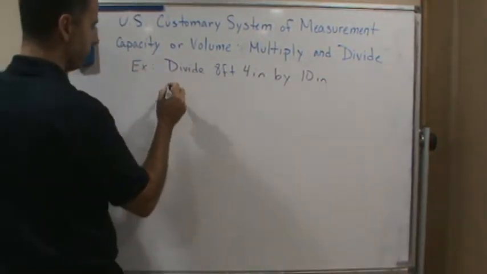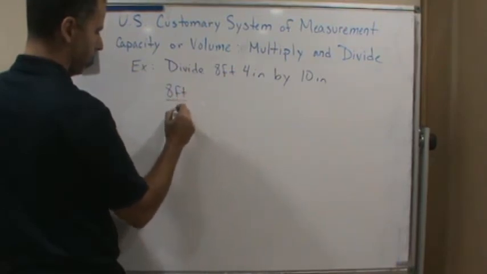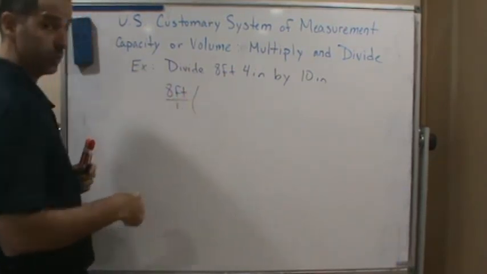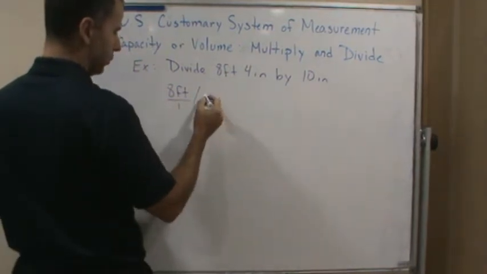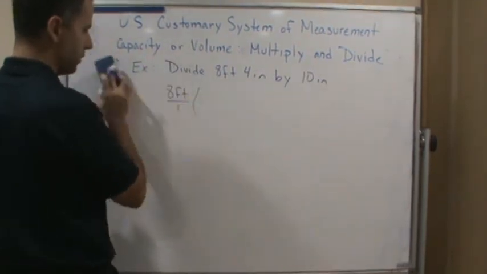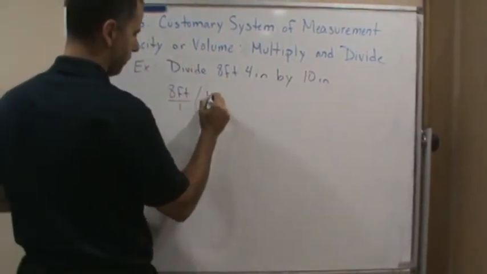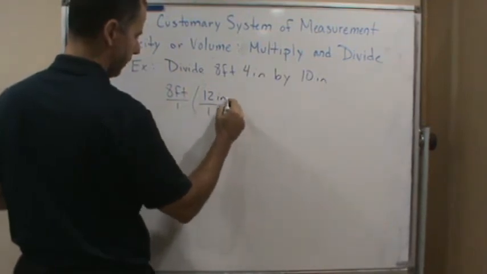So, we have 8 feet over 1, and so I'm going to use the unit ratio. So 8 feet equals what? There's 12 inches in a foot. Right?